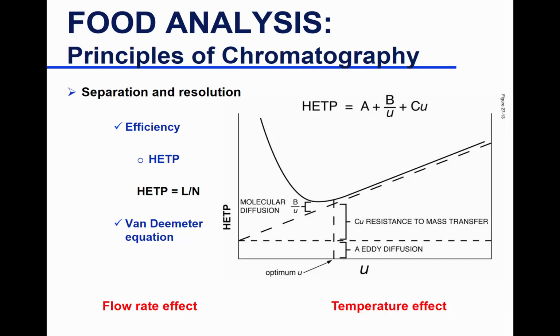And then your peak will be narrow. So the higher the value of eddy diffusion, the more you have diffusion and movement in different streams, then you have higher height equivalent of a theoretical plate.